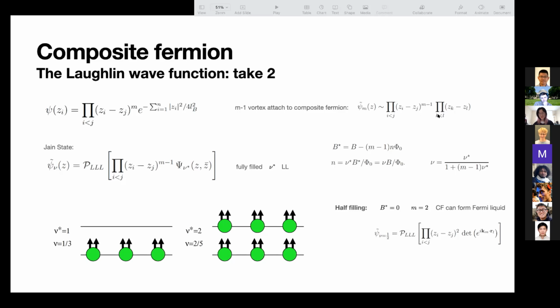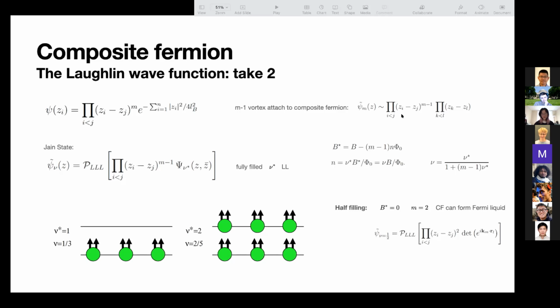Intuitively, this Laughlin wave function just looks like we attach to each z another vortex of power m-1. So this motivates Jain to write down states like this guy, where this psi nu star is the wave function of a fully filled nu star Landau level.